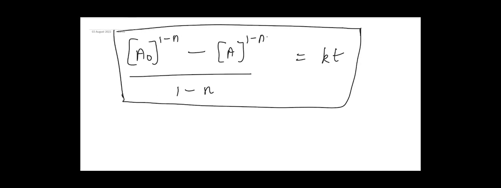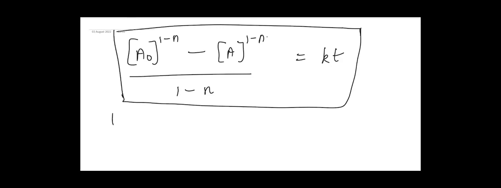So here if we substitute n as 0, we will get the relation which we have already derived for the zeroth order reaction. So this relation also comes into use for solving most of the problems. One can always derive based on the rate law. If one remembers the basic rate law, we can derive for any reaction.